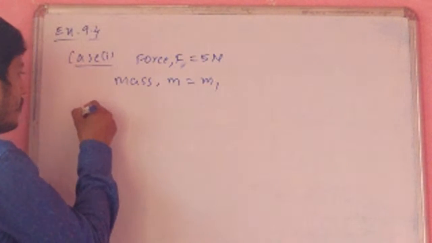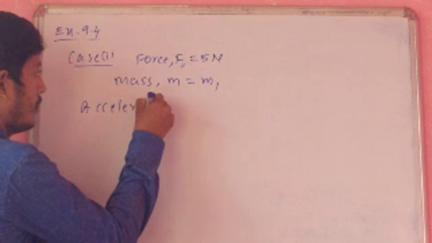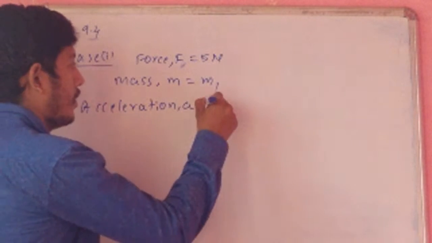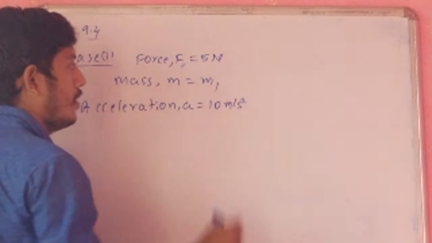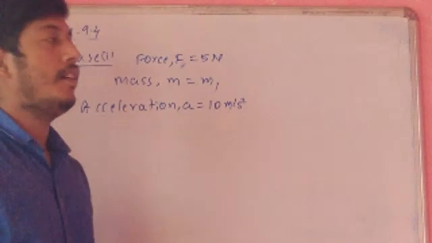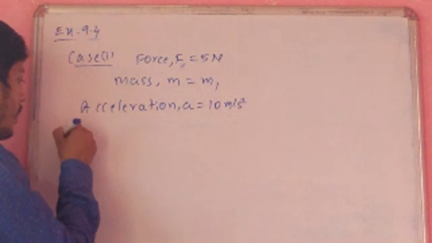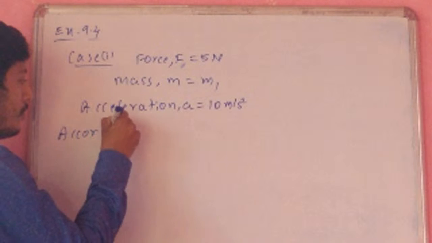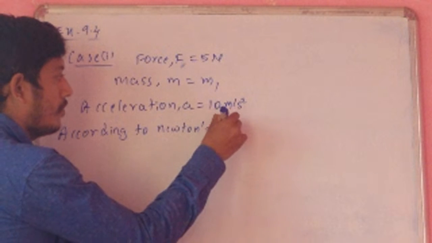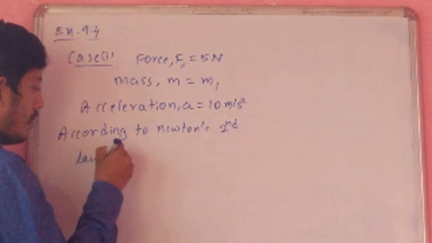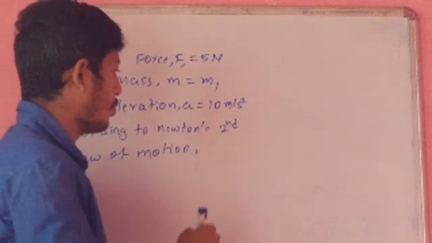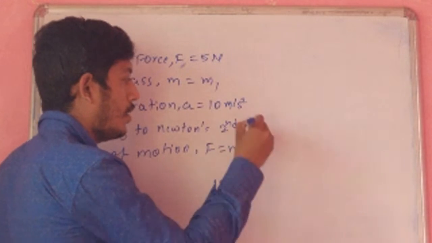Then acceleration a equals to 10 meter per second square. So now we have to find the mass m. Again we have to write, according to Newton's second law of motion, the formula F equals to m into a.